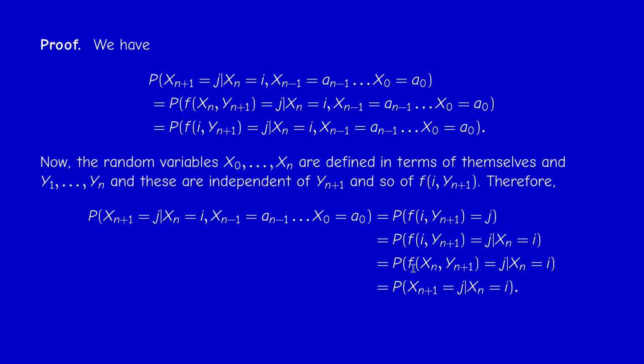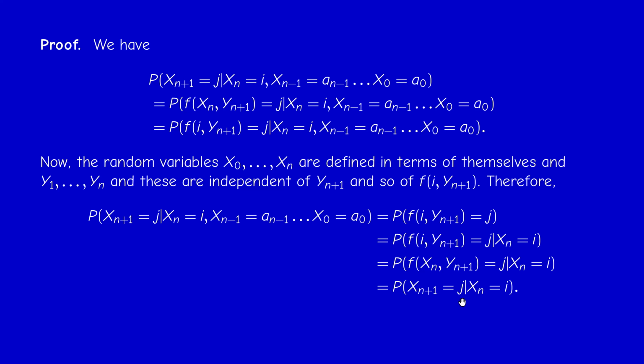And now this is just xn plus 1. So I get P of xn plus 1 equal j, given that xn equal i. So in summary, we proved that P of the future given present and past is equal to the probability of the future given just the present. And so we have proved by going back to the definition that our discrete random dynamical system satisfies the definition of a Markov chain, and therefore it's a Markov chain.